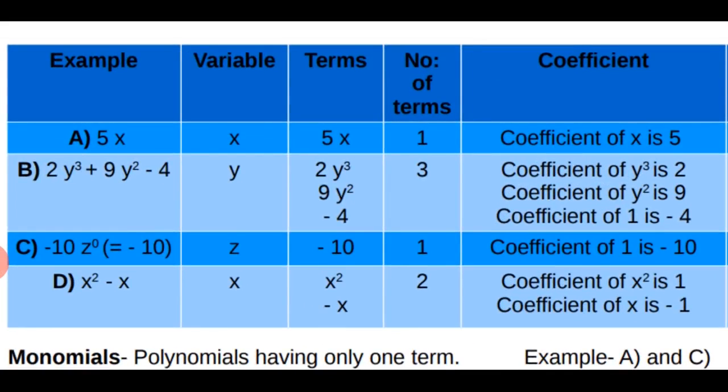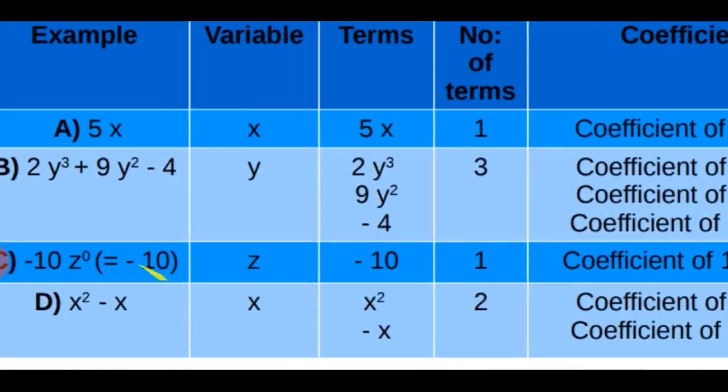Now here we will make it very clear that if you have to count the number of terms of a polynomial, after simplifying any algebraic expression, you have to check the total number of additions and subtractions. You just simply count the total number of additions and subtractions, and you come to know how many terms are there in that algebraic expression.